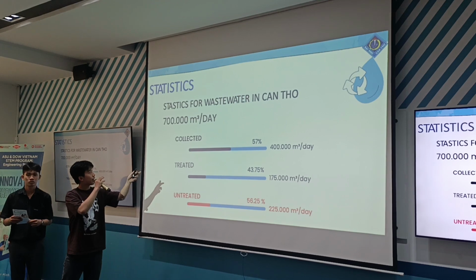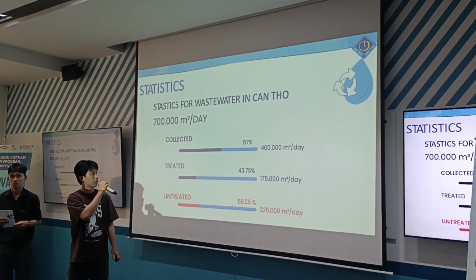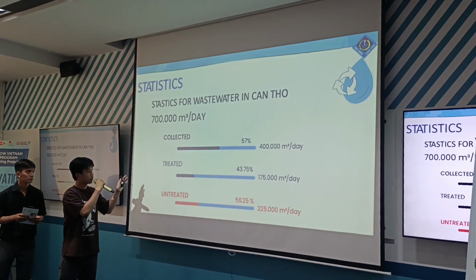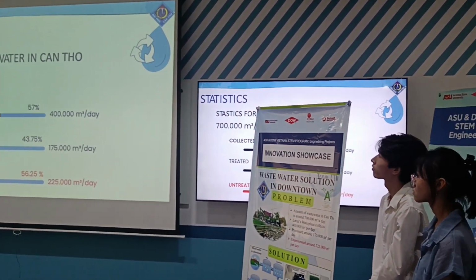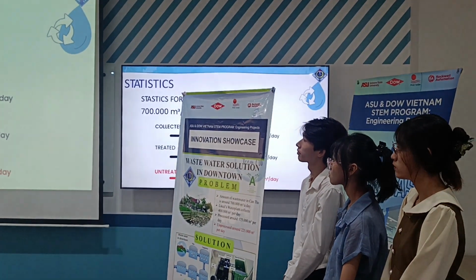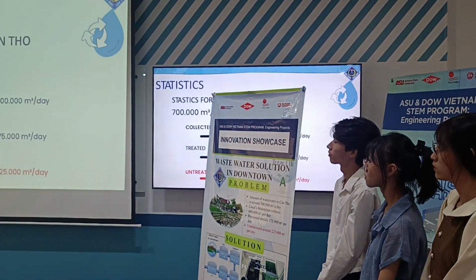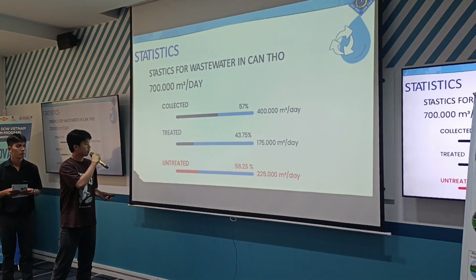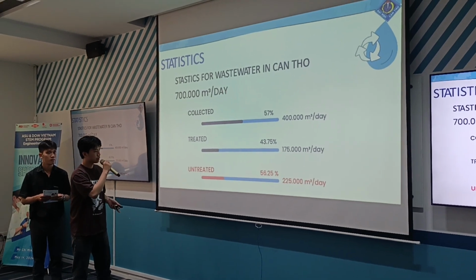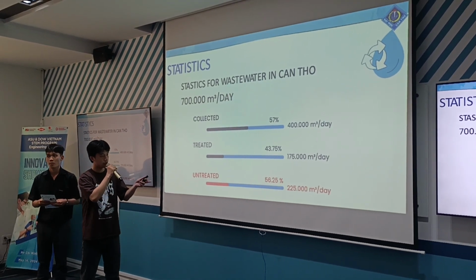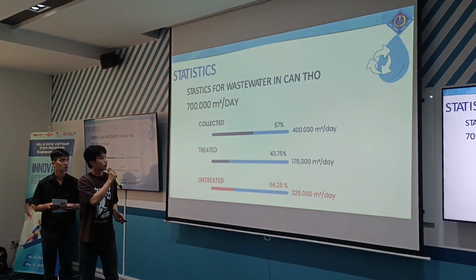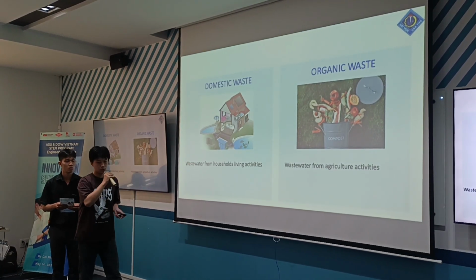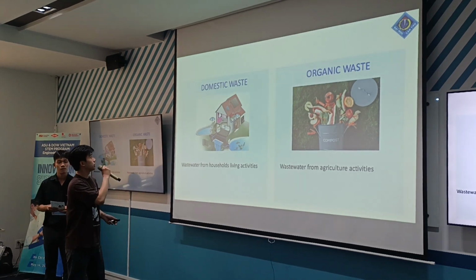So you can see that the collected water is around 40,000 meter cube per day, and in which the treated is around 1,750 meters cube per day. And in percentage, it will be 43 to 75%, and for the untreated water, it will be 56 to 25%, which is at 225.